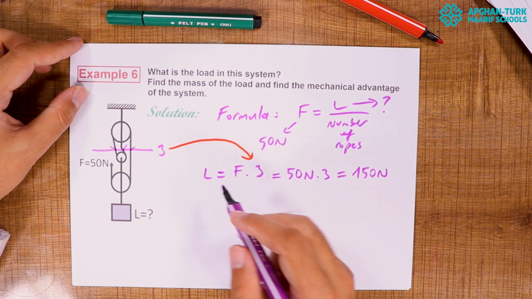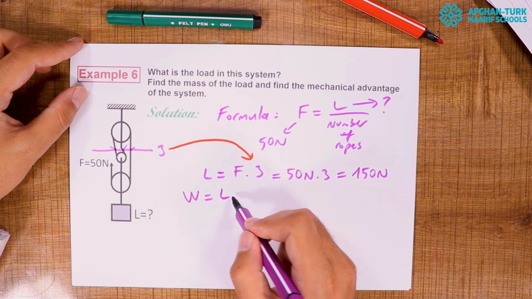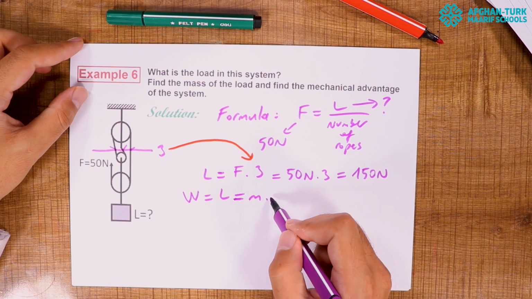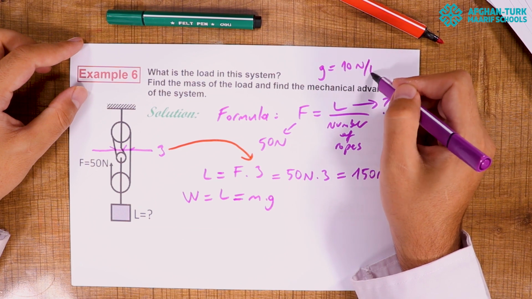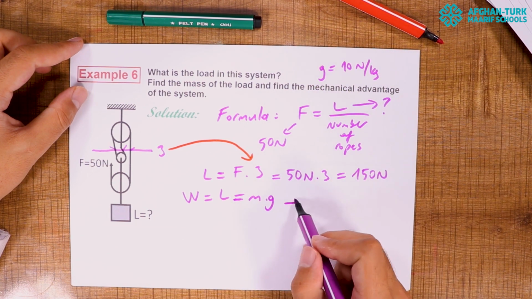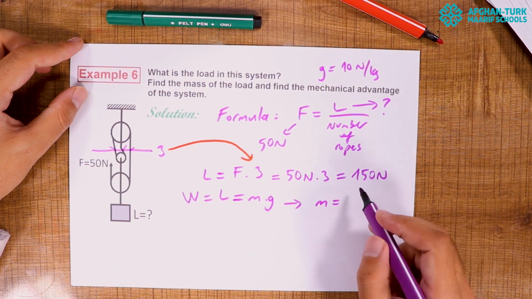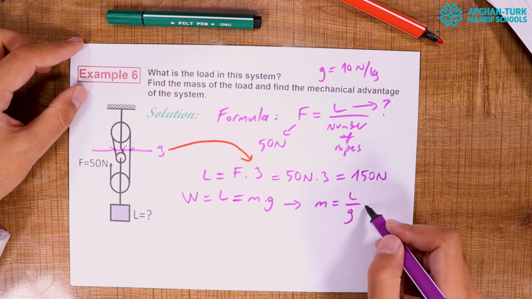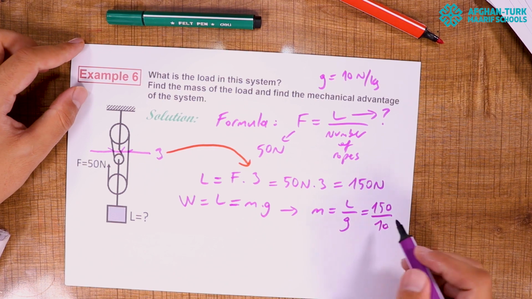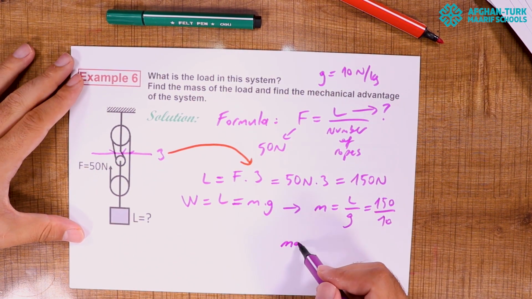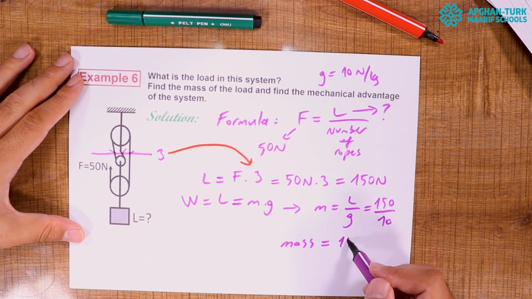So how can I find the mass here? Again, weight was equal to load, and that's equal to mass times gravity, and gravity was 10 Newton per kilogram. I can find the mass from here as load divided by gravity, which is 150 Newton divided by 10, and mass will equal 15 kilogram.